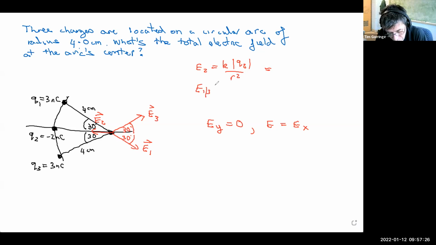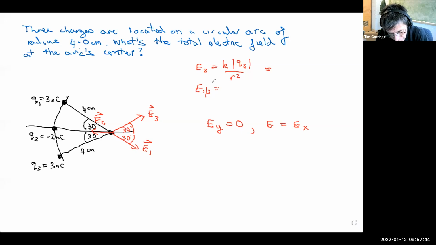We can do this in one go, one calculation, not 2 calculations, because Q1 and Q3 are the same charges and the same distance from the field point. And so they have the same strength electric fields.